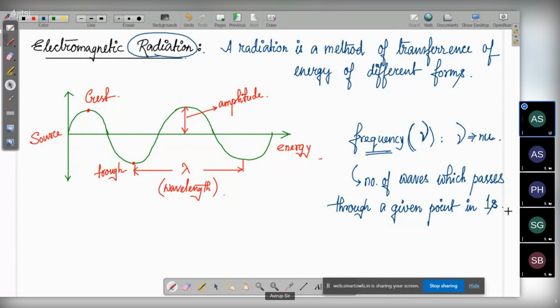Whenever we say frequency, the term is related to how many times something is happening. That is frequency: how many times a particular event is happening in a particular amount of time. So here, frequency has been defined as how many waves are passing in 1 second of time.